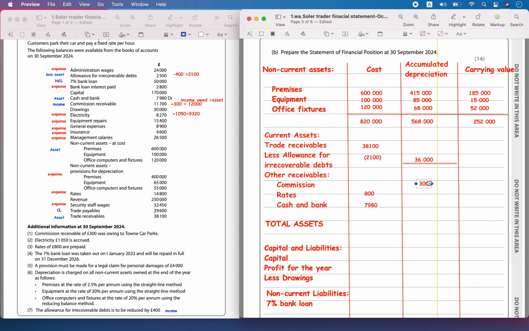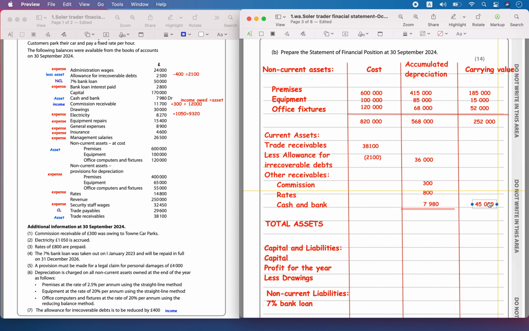So that is going to be 36,000 plus 300 plus 800 plus 7,980. That value is 45,080.